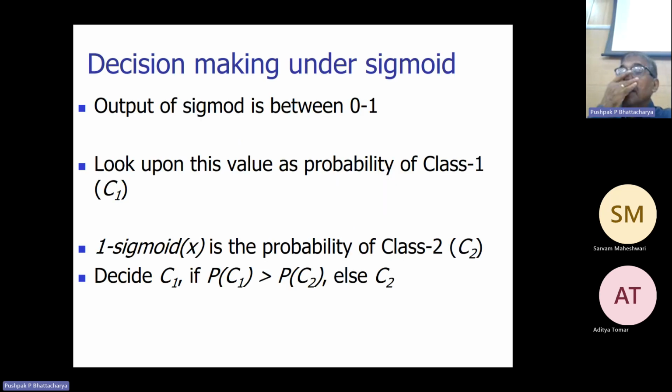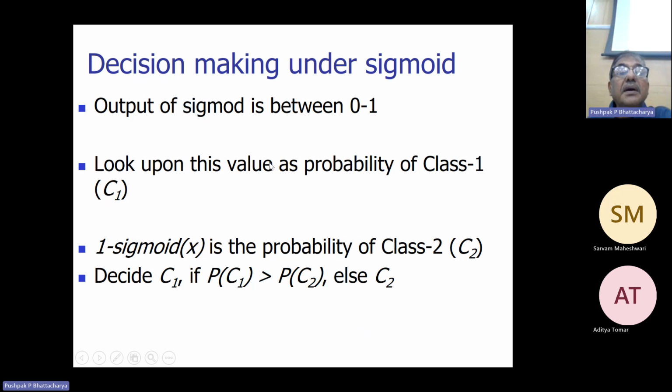Now, decision making under sigmoid. The output of the sigmoid is between 0 and 1. We look upon this value as the probability of class 1, arbitrarily. I take one of the classes. Let's say the problem being solved is whether to sanction a loan or not.